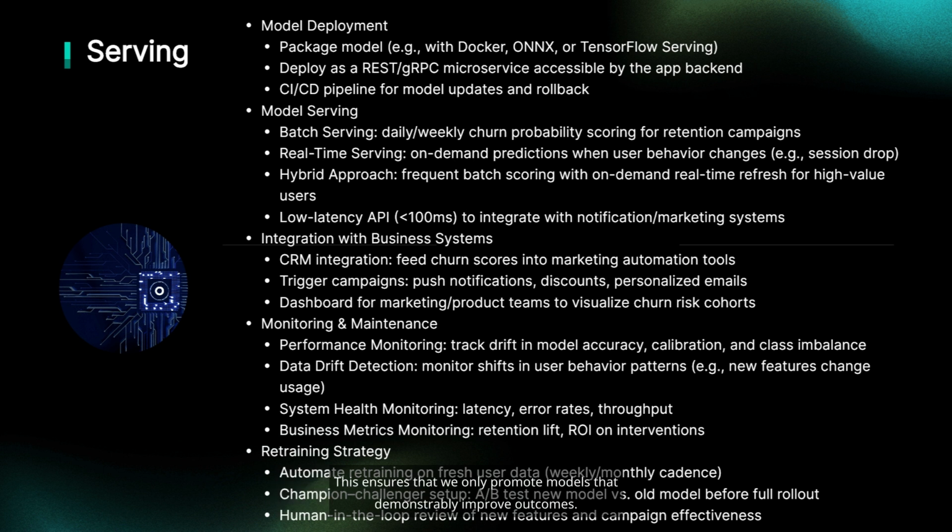This ensures that we only promote models that demonstrably improve outcomes. A human-in-the-loop process helps validate new features and ensures campaigns driven by the model remain aligned with business strategy. In short, effective deployment and serving ensure that churn predictions are timely, actionable, and continuously optimized for both accuracy and business impact.